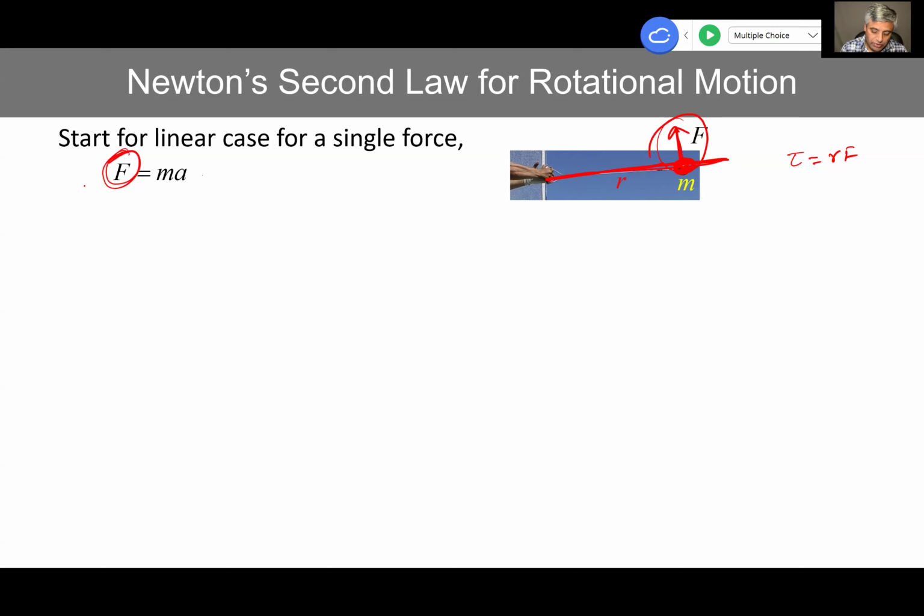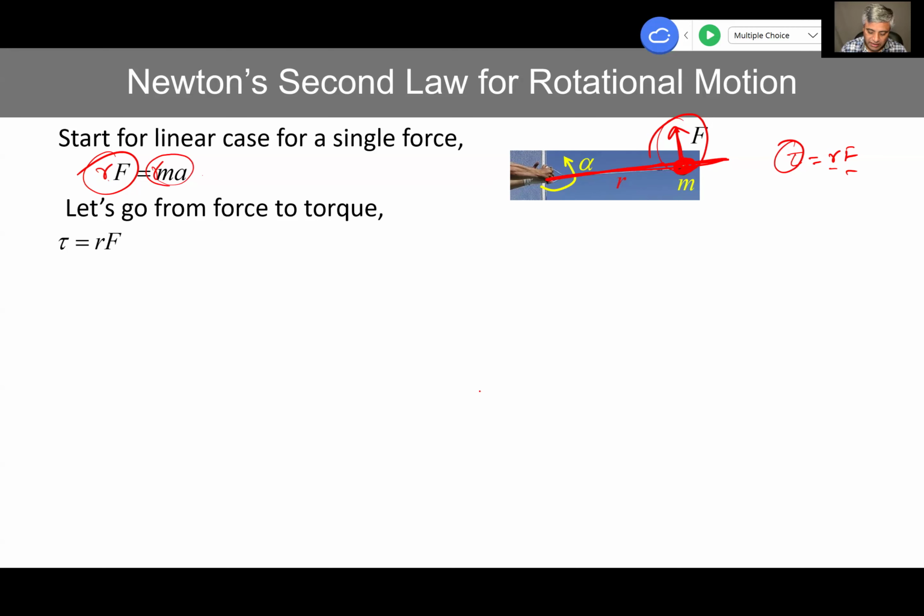So we want to go to the torque, and torque is r times F. So what we do is we can multiply both sides by r, and this becomes torque. So let's do that. So torque is r times F, which means this is going to be r times ma.